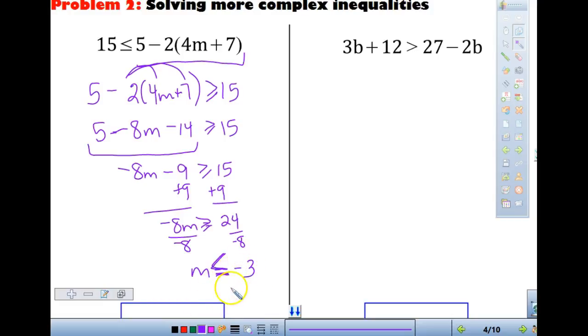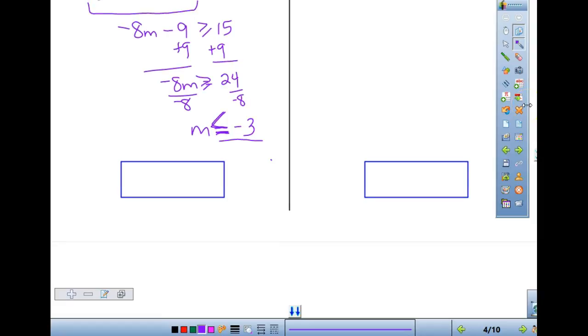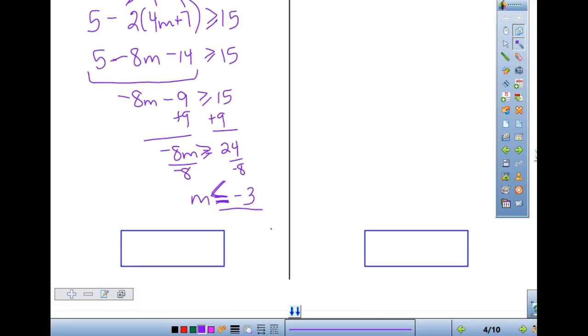If I was going to graph this, I know that all the values less or equal to negative 3 are what I want to be looking at. On my number line, negative 3 is here, 0 is here, and here's negative 6. I know this is the solution.